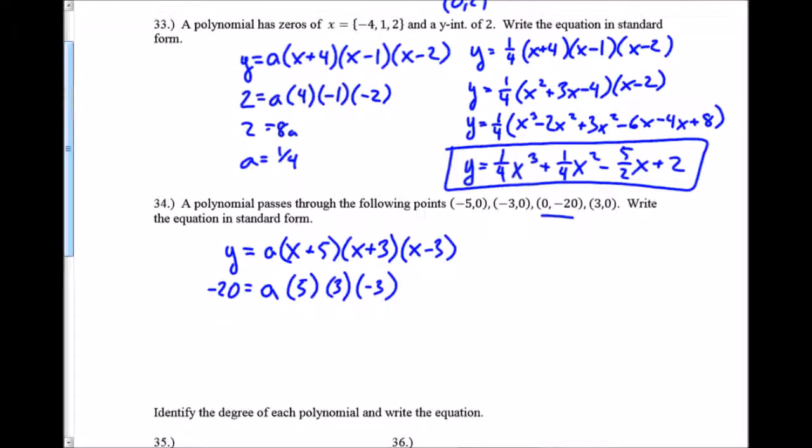And I just have to solve this. Let's see, that's going to be a negative 45. I divide and I find out that a equals 4/9.